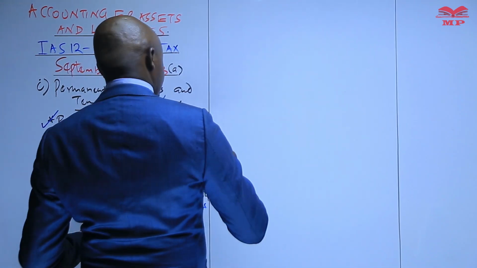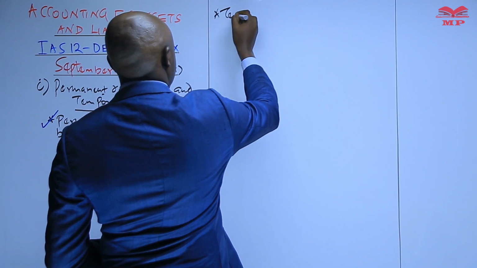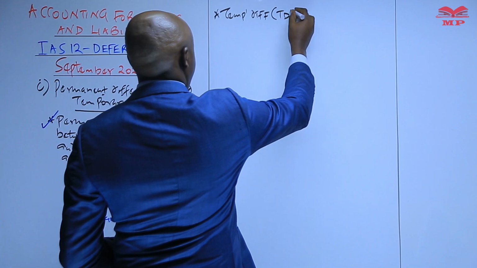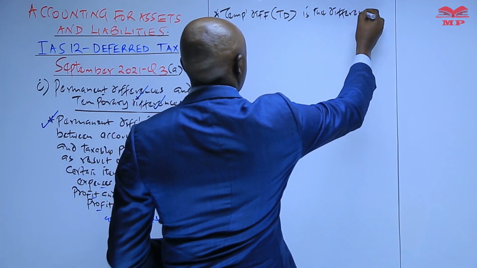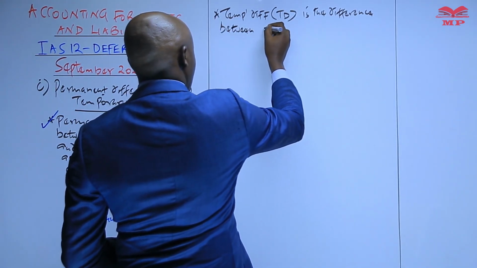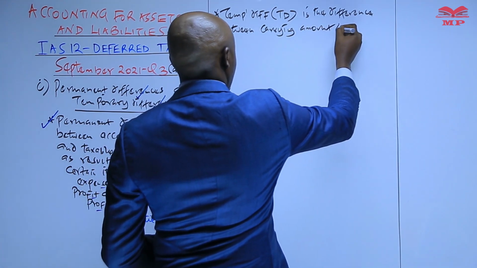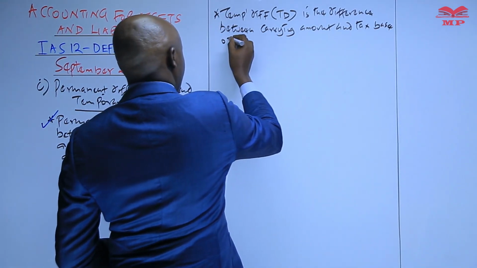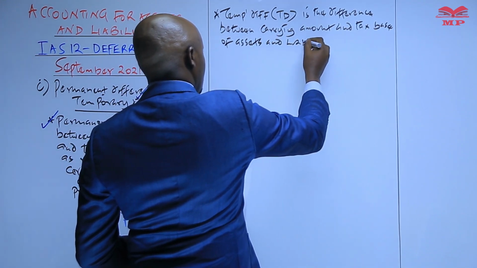So we can say that the temporary difference, abbreviated as TD, is the difference between the carrying amount and the tax base of assets and liabilities.